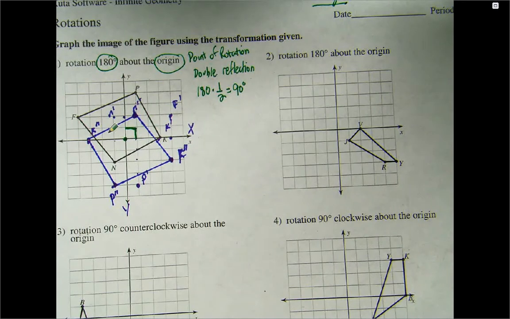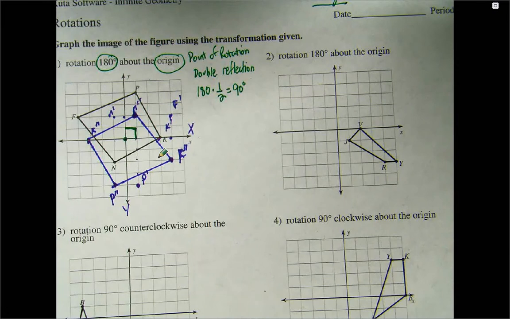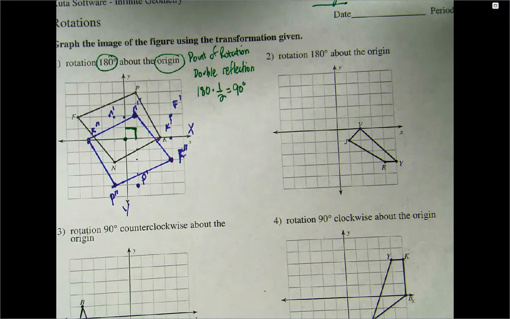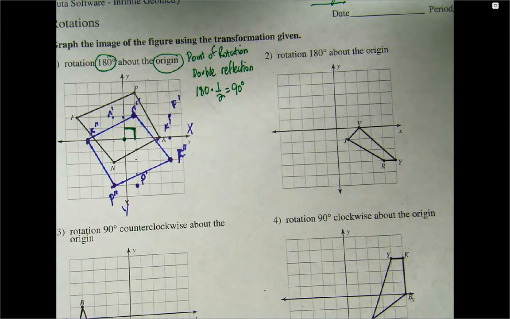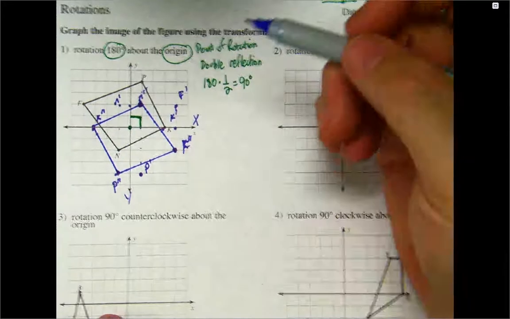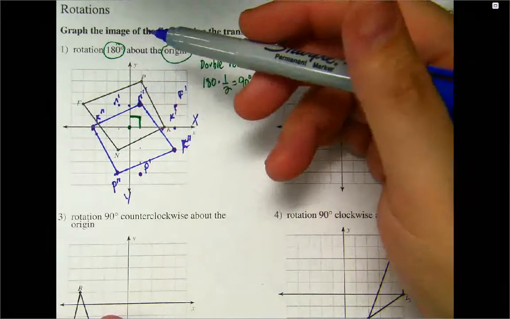So we rotated that. Now, the nice thing about rotating 180 degrees is it doesn't matter which two lines you go through as long as you go through two of them, because you're always going to end up on the other side. There's P double prime.